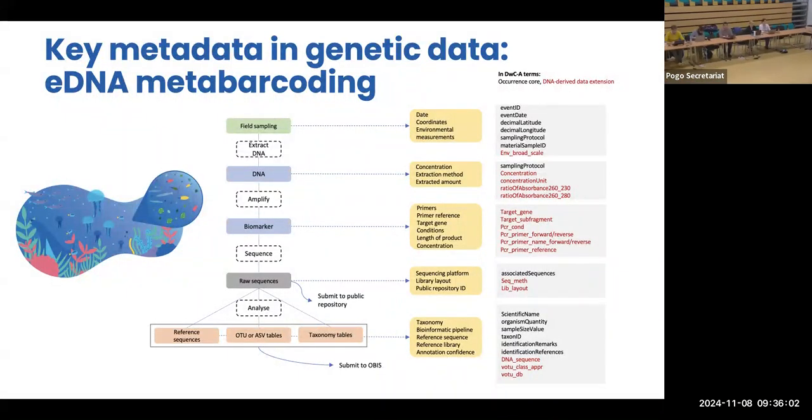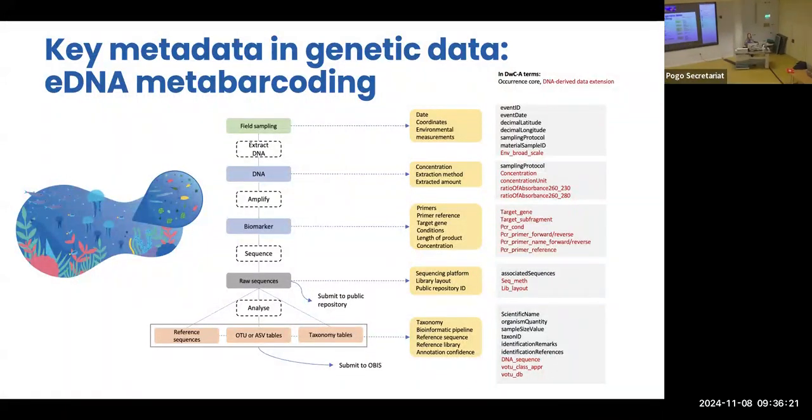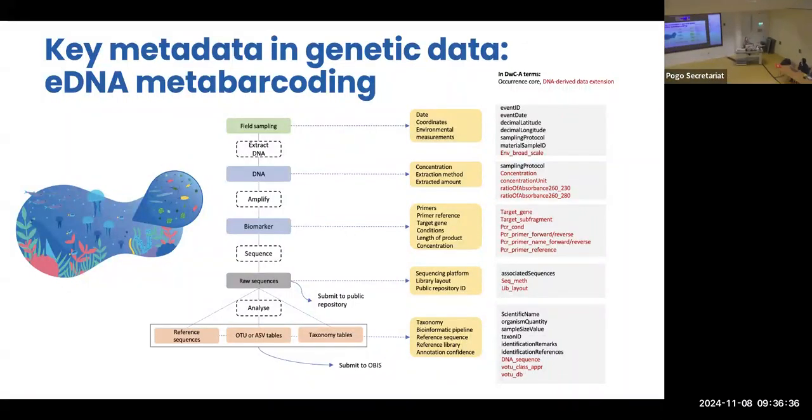Okay, so instead of submitting an ASV table for every sample, you might submit a sample table for every ASV, you just inverse where the ASVs occur in which samples. If you use occurrence core, then you do long formats. So basically everything you have is in one row, all the information in one column. It does inflate the data quite a bit when you're using occurrence core because you're repeating everything in every sample.